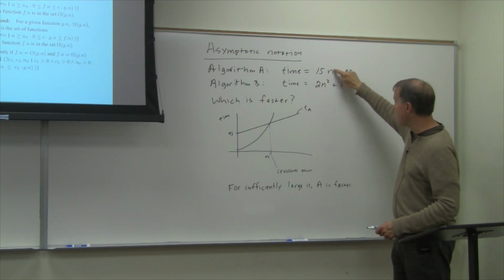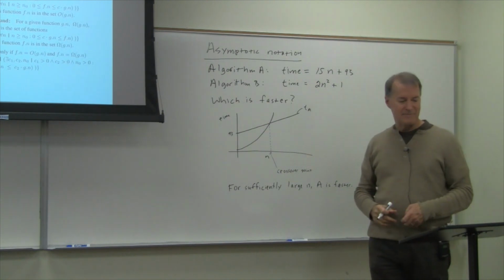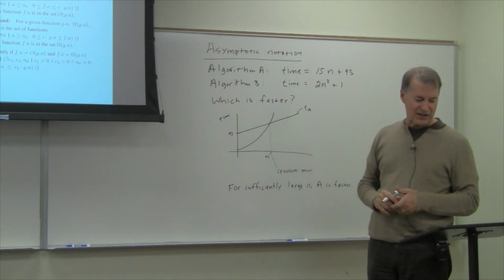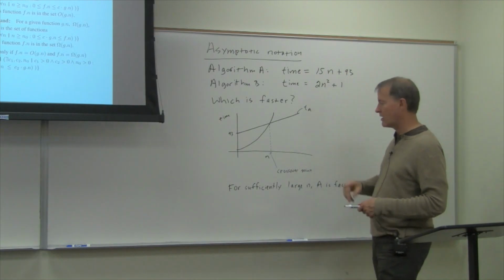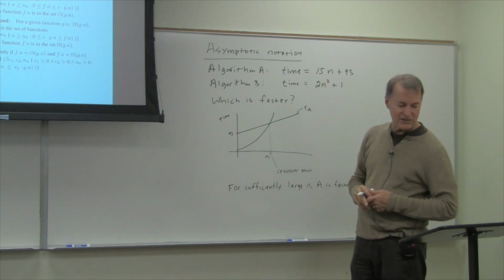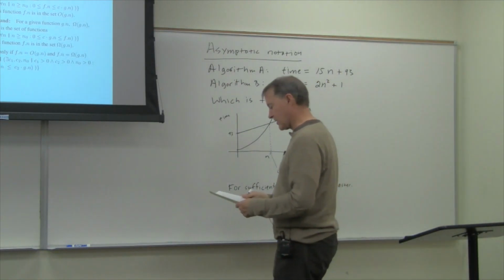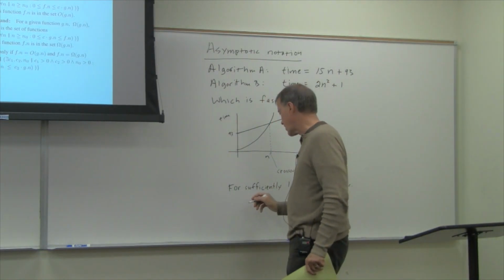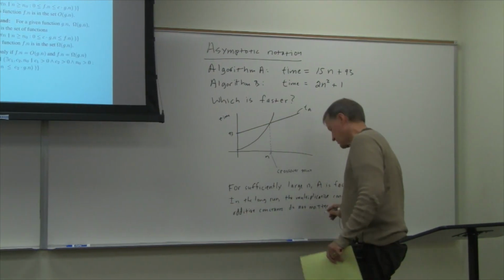It's that this one is n and this one is n squared. Are you with me? In the long run, this is a multiplicative constant and this is an additive constant. So one thing we can note here is that at least in this particular case, in the long run, the multiplicative constants and the additive constants do not matter. Okay?